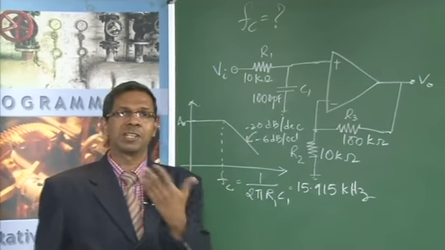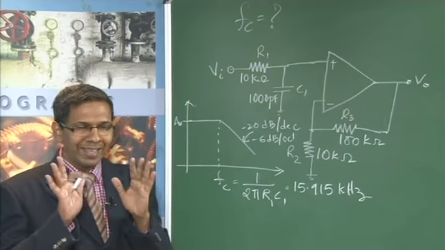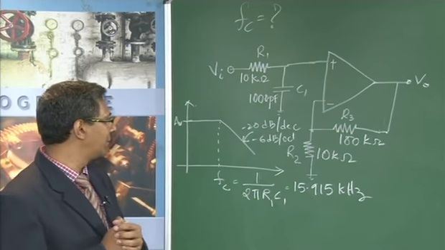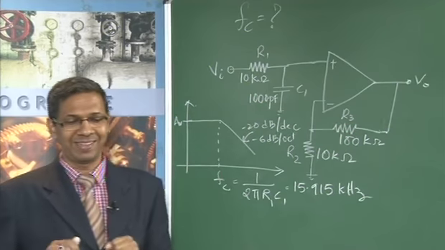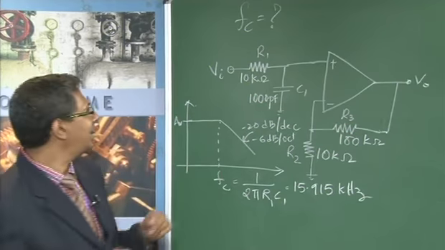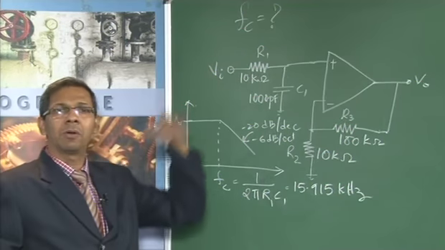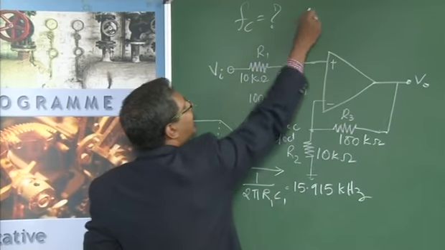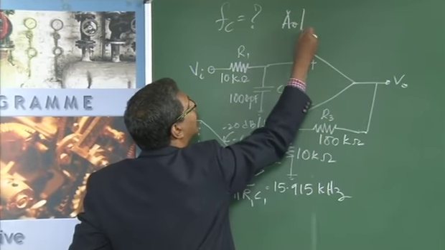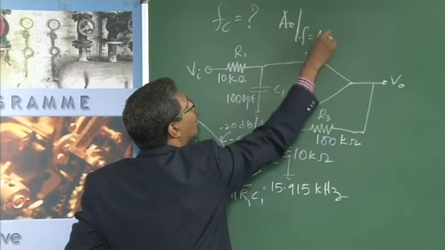The interesting question comes now. In this problem, they are asking you to find the gain at 4 FC. The first question was to find the cutoff frequency, and then they say find the gain at f equal to 4 times FC.